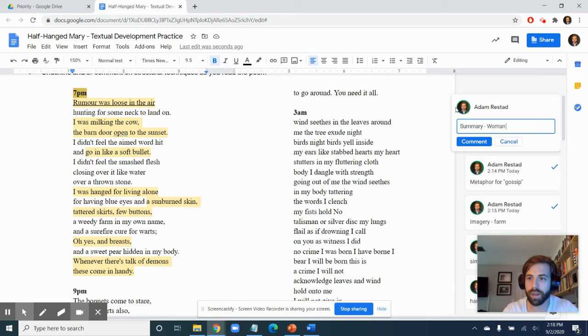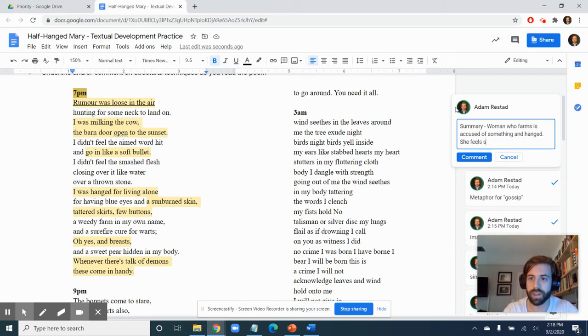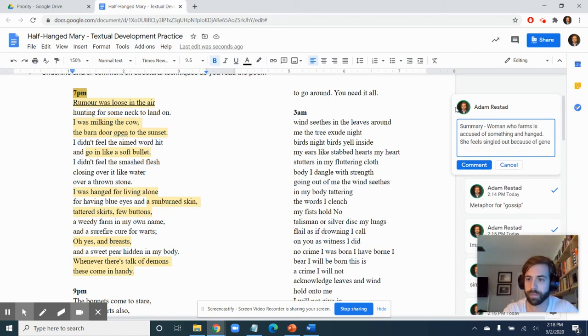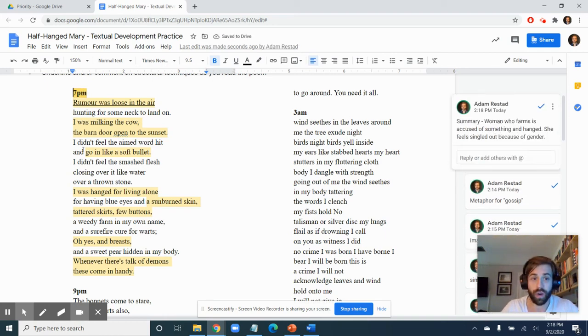The woman, or let's say, woman who farms, is accused of something and hanged. She feels singled out because of gender. All right. So there we go.